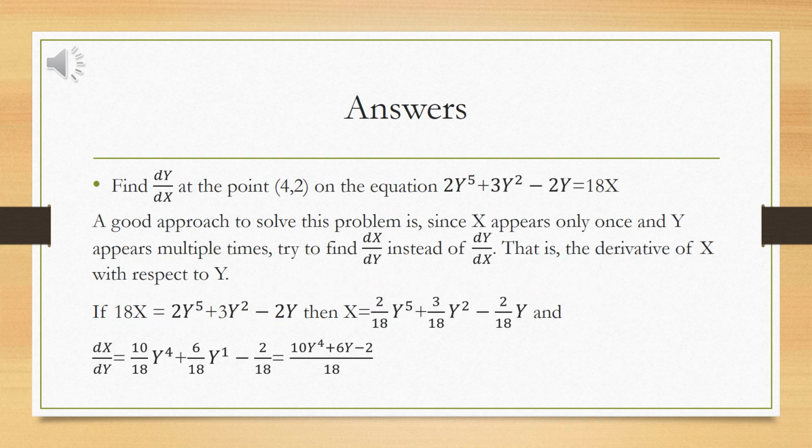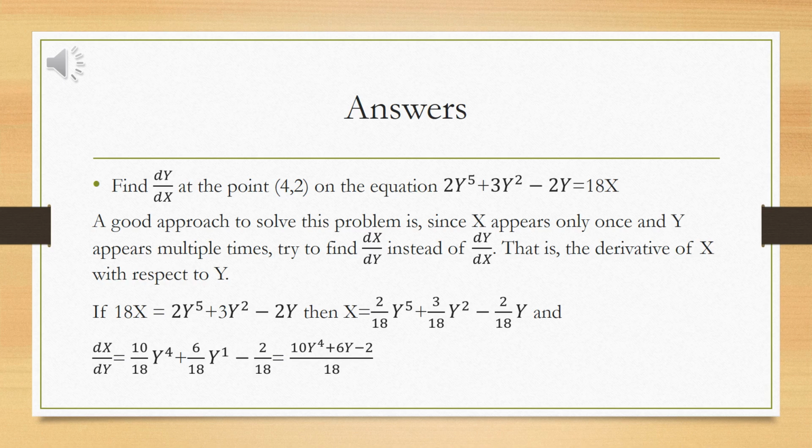A good approach to solve the problem above is, since x appears only once and y appears multiple times, try to find dx by dy instead of dy by dx. That is, the derivative of x with respect to y.